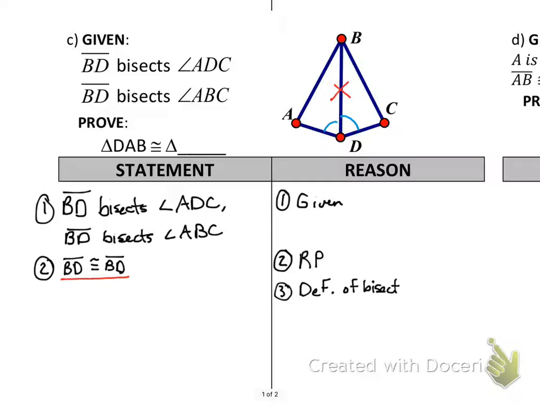It turns it from just a phrase into a mathematical statement, a congruent statement. So I can say two angles are congruent. What are the names of my two angles? There you go. AD, well, AD what? B. So angle ADB is going to be congruent to angle CDB.